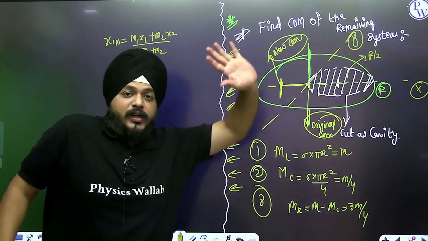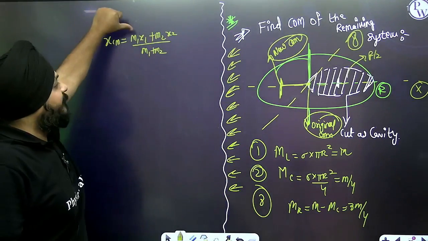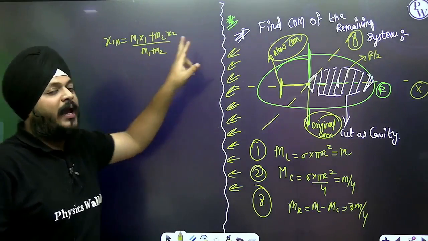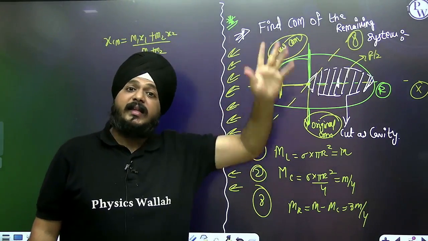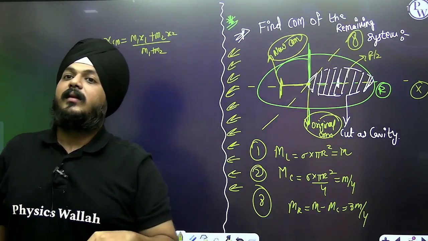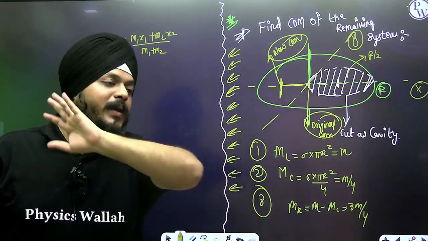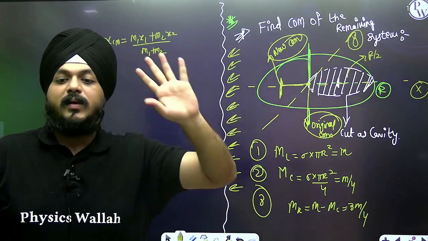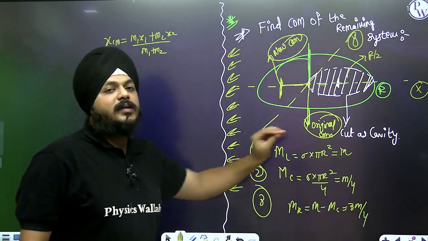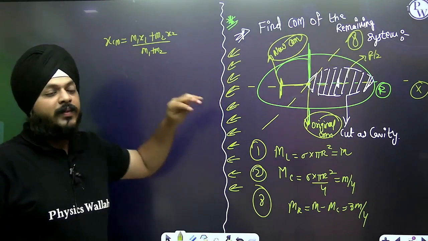Now, students always used to take M1 as the larger disk and M2 as the smaller disk minus, and then they get the value this way. But I want to advise you all, please don't follow that. Just move on to the very simple approach. Consider this as a three-dimensional space.